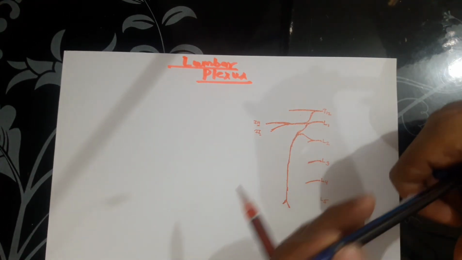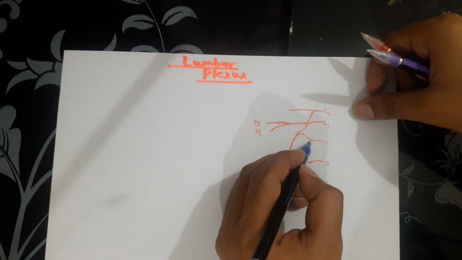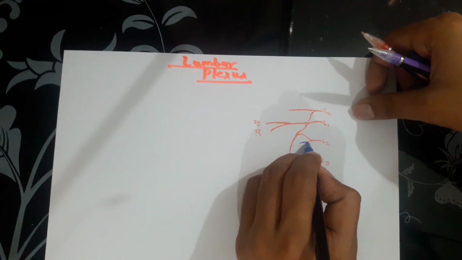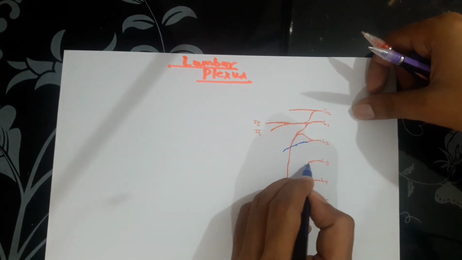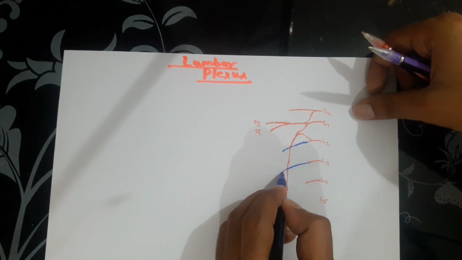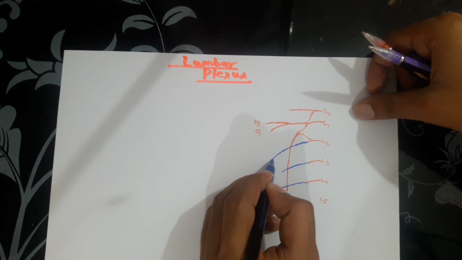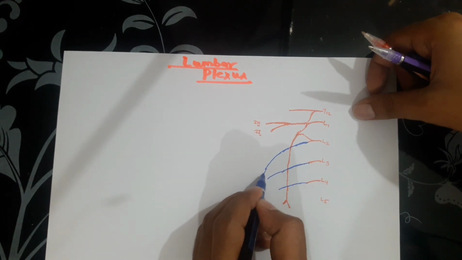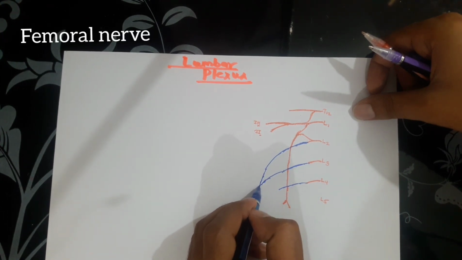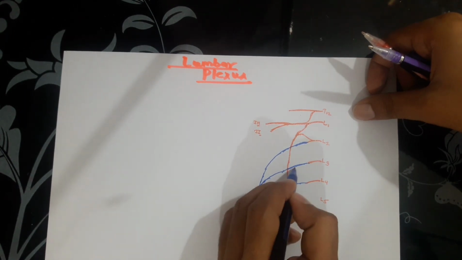I will use another color for the posterior division. So here we can see the posterior division from L2, L3 and L4. They unite together to form the femoral nerve.